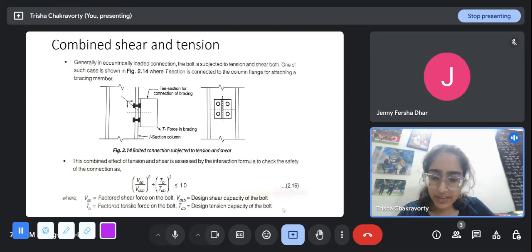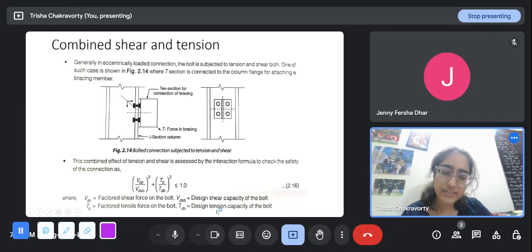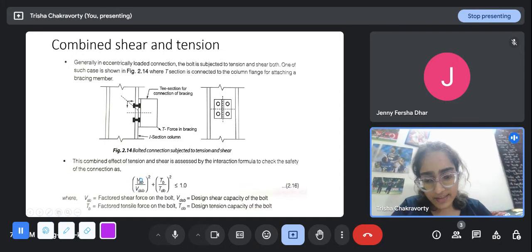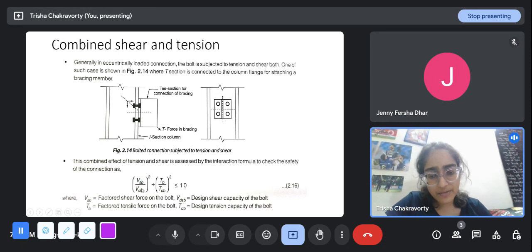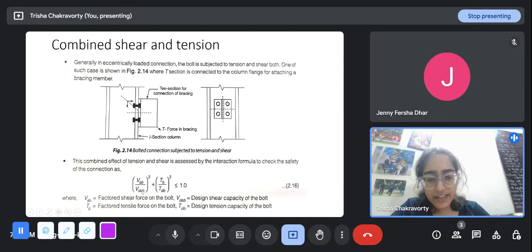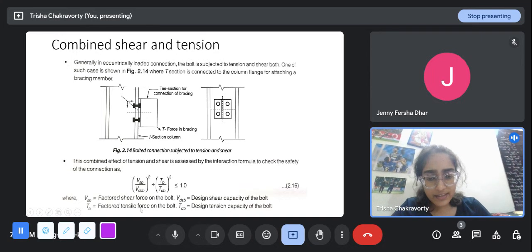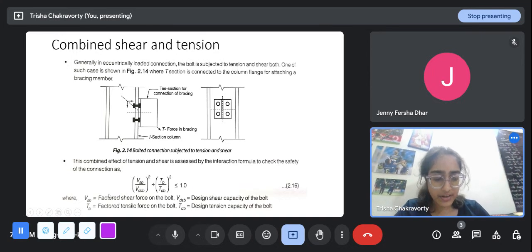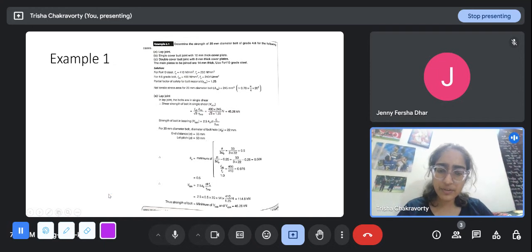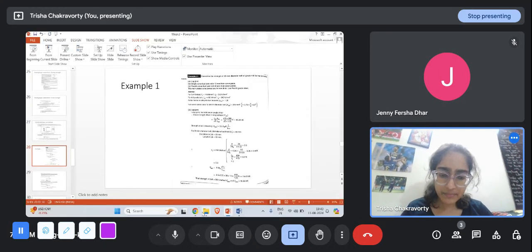Similarly, TB is the factored tensile force on the bolt, and TDB is the design tension capacity of the bolt. So this ratio squared plus this ratio squared should be less than 1. It is not enough that VSB is less than VDSB and TB is less than TDB individually; this additional criterion also has to be satisfied. Now we look at some examples here.